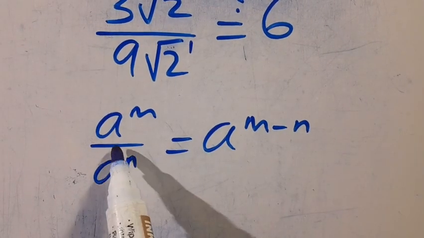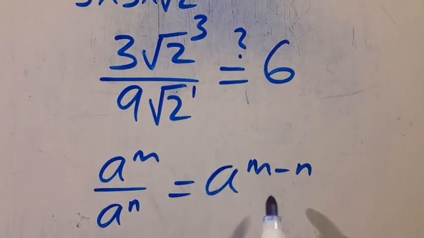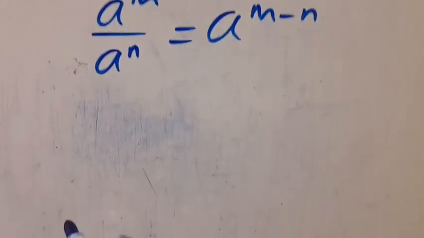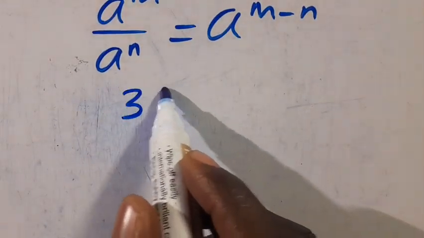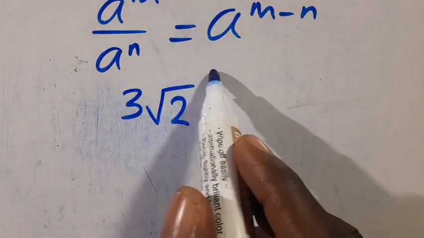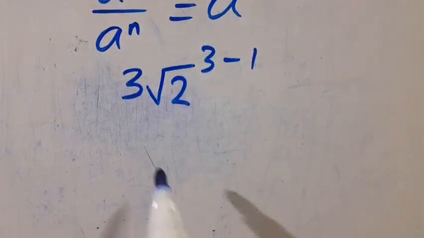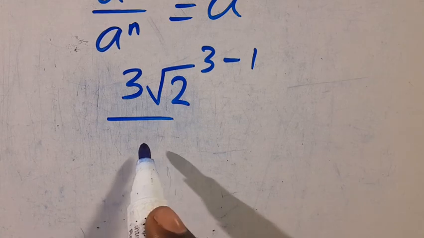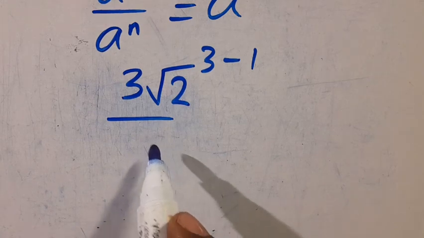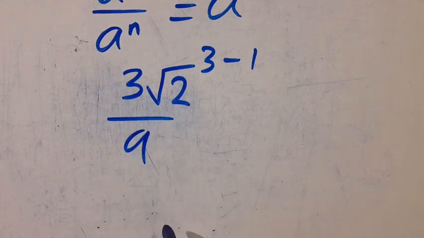So far they have the same base. We take one base, we subtract the power. So when we apply it here, we have 3 root 2 to the power of 3 minus 1, then all divided by 9.